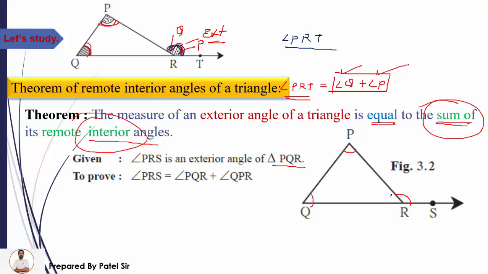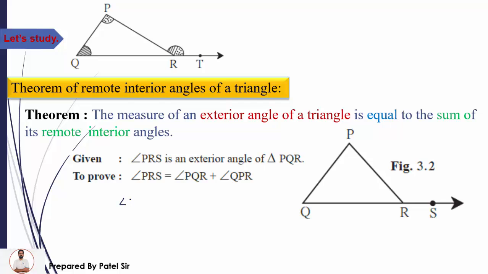No need to take the interior angle. Remote interior angles will be what? Angle P, and here is angle Q. So in this sense we have angle R equal to which angle? PRT. Here we have to take angle PRT, angle PRS. Here we have angle PRS equal to angle PQR plus angle QPR.